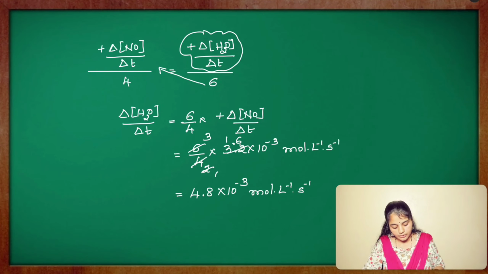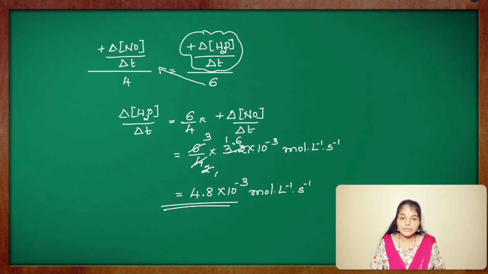And the answer for the formation of H2O is 4.8 into 10 to the power minus 3 mole per liter per second. And in the similar way, we can solve for the rate of decomposition of oxygen as well as for the rate of decomposition of NH3.